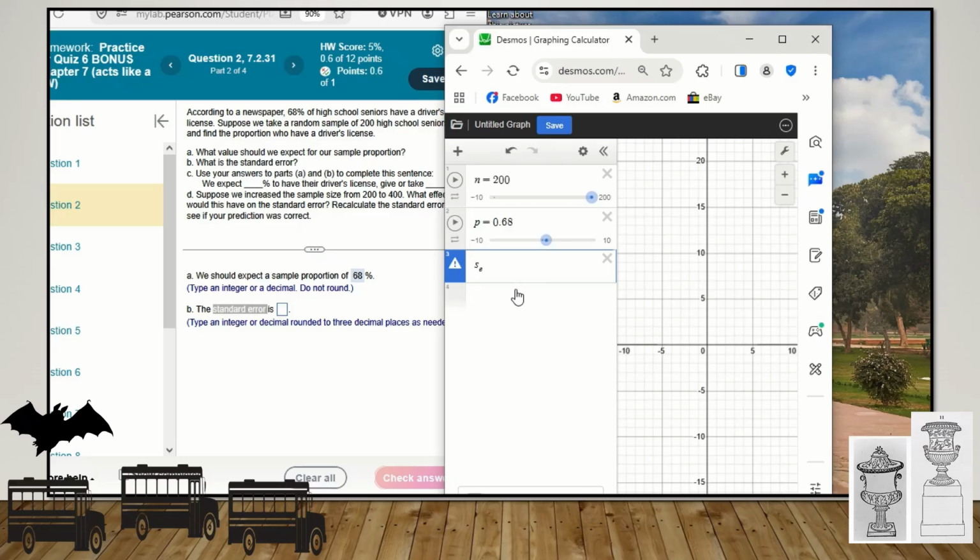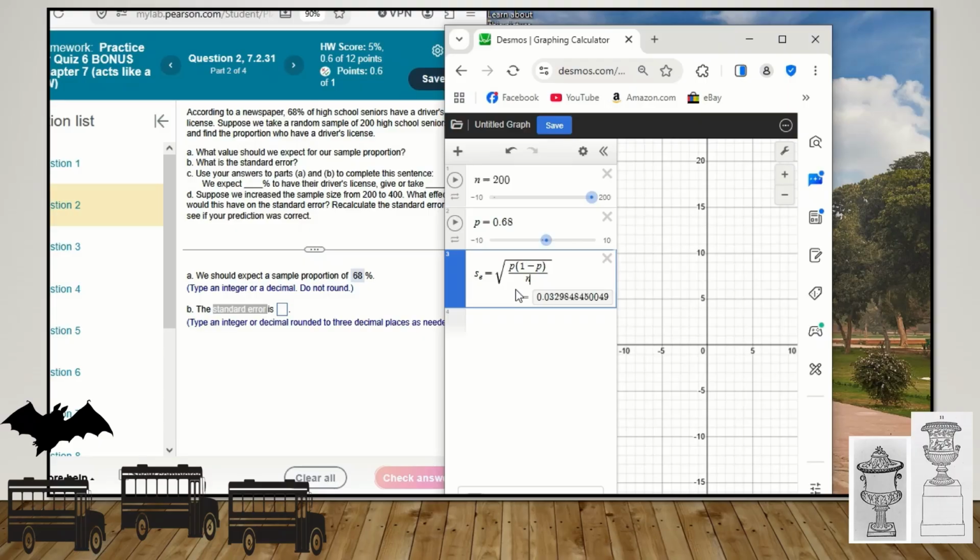Then you just hit an arrow to get back out of it, and now you can assign the standard error. The standard error formula is the square root of the population proportion times its complement over the sample size. So there's our standard error calculated very easily.